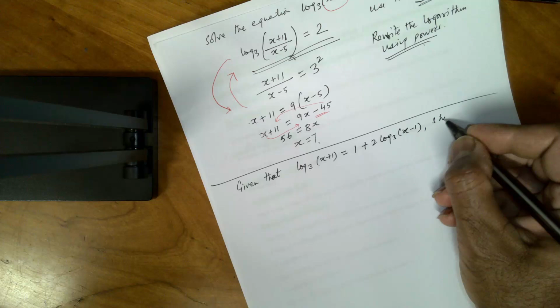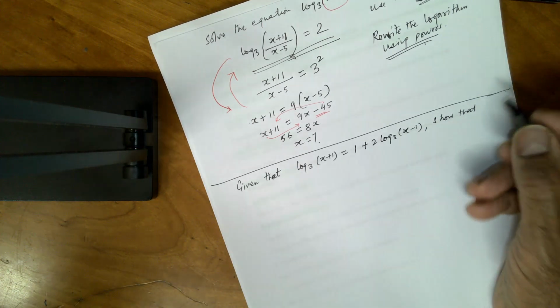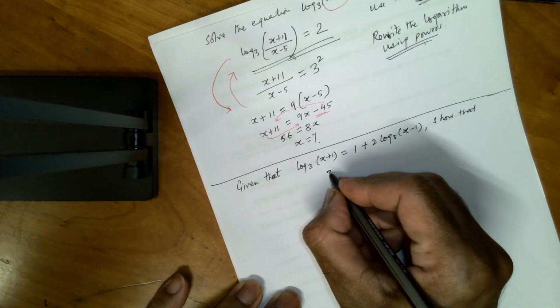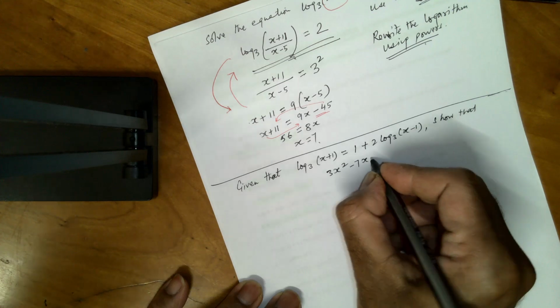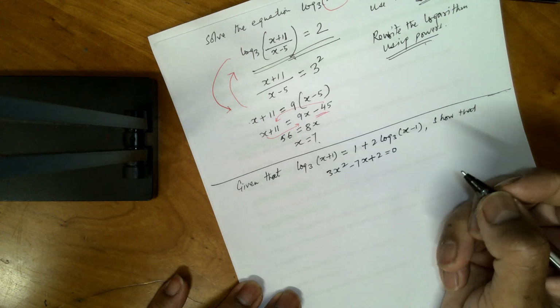What it is asking you is to show that 3x square minus 7x plus 2 is equal to 0.